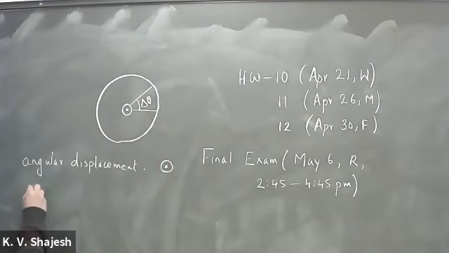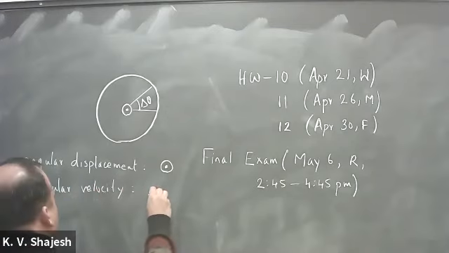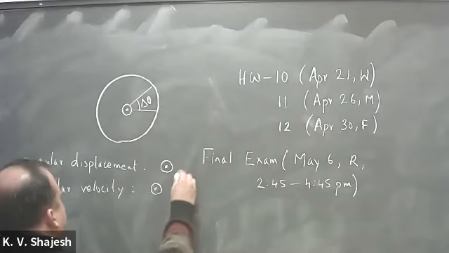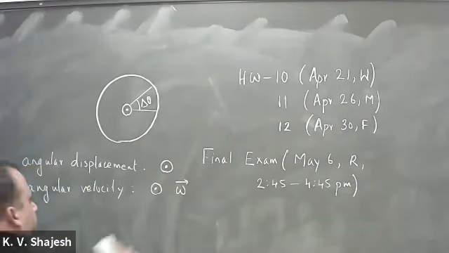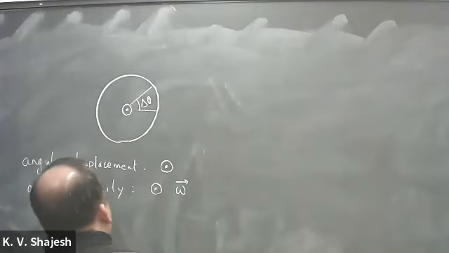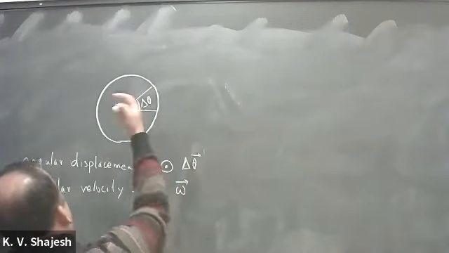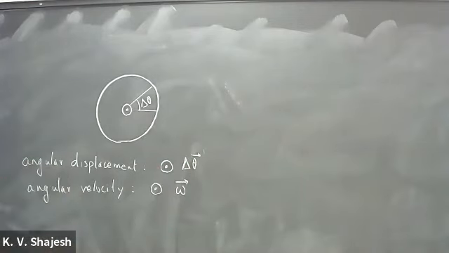Same thing with angular velocity. It is coming out of the board, so that's omega. Delta theta is coming out of the board. Omega is coming out of the board.